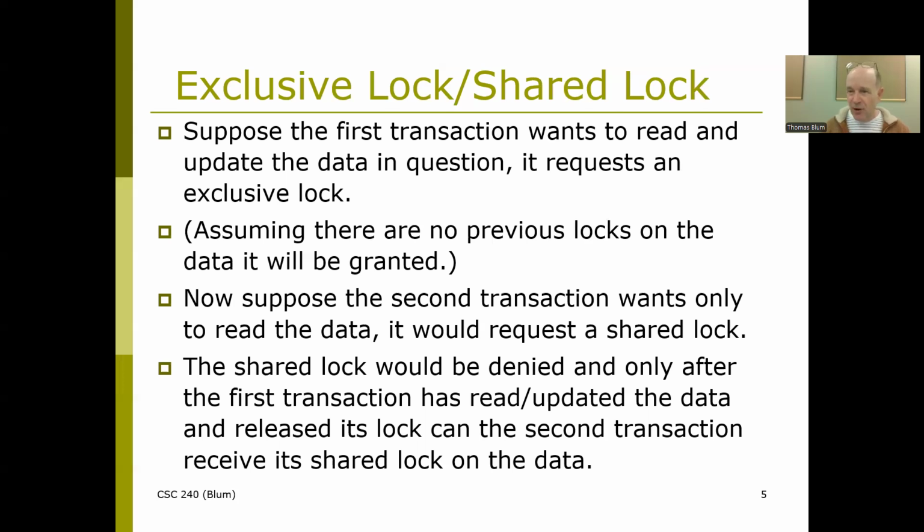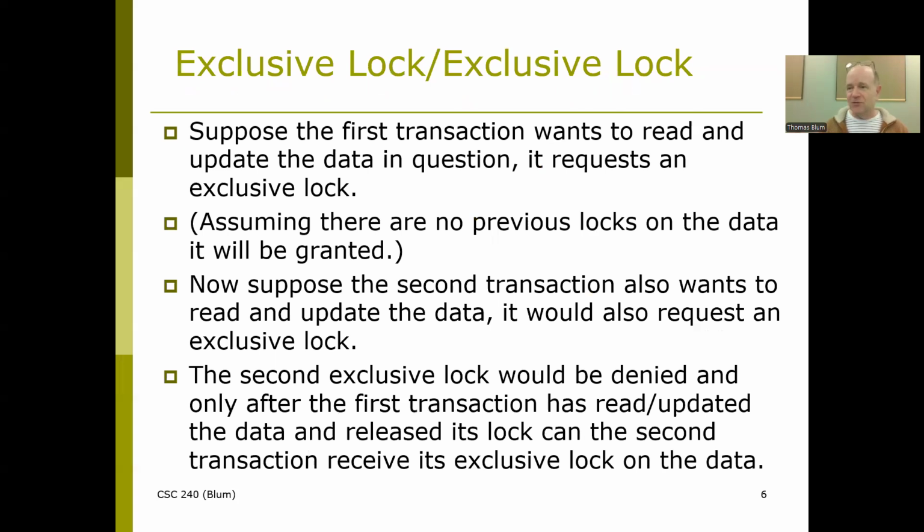So with share and share, they shared. But if it was share then exclusive, or exclusive then share, then they do not share. And of course, exclusive is definitely not going to be concurrent with anything else. We're going to force a complete serialization: do transaction one, finish it, and only then start transaction two.